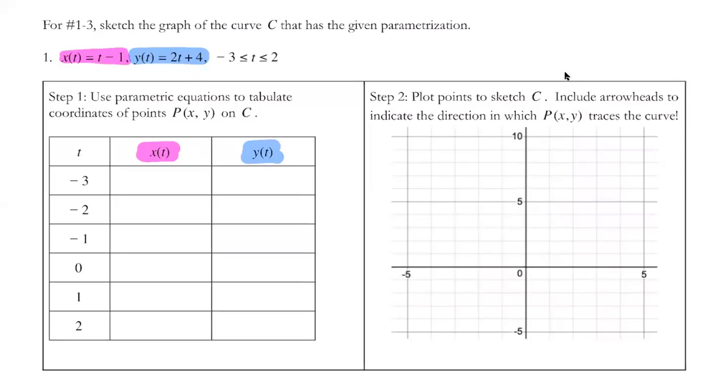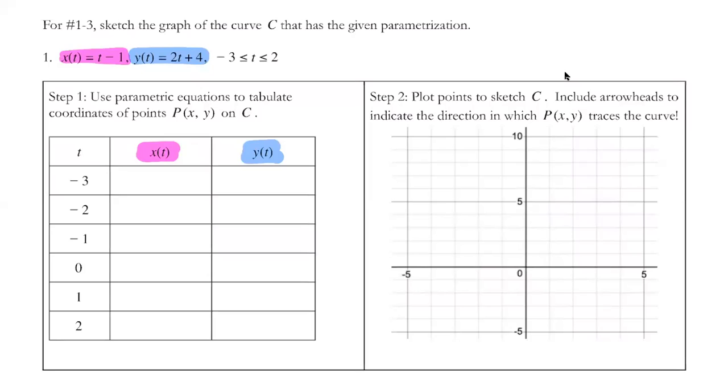It'd be a line, yeah. Okay. What about the blue one? If I have just a 2t plus 4, what shape is that going to be? Yeah, it's going to be a line. Okay. So we know what they look like individually, but the question is what happens when we put them together? So let's plot these points out and see what we get.